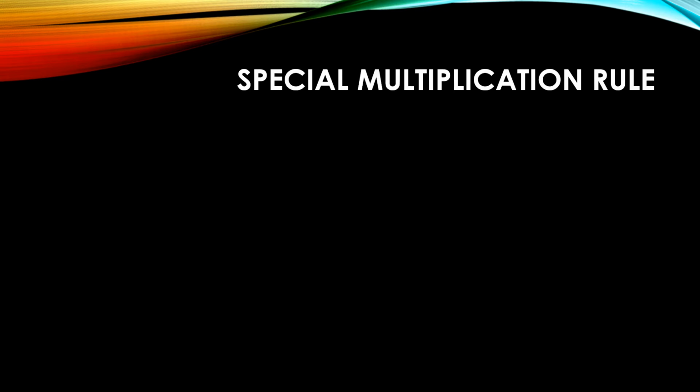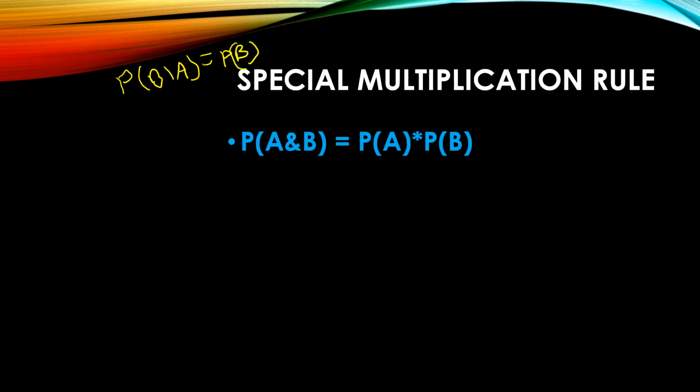So there's a few different ways that we can prove this mathematically. The first, as we discussed on the last slide, is the probability of B given A equaling the probability of B. We can also use the special multiplication rule, because if these events are independent, they'll equal each other. So if the probability of A and B happening together equals the two probabilities multiplied together, then you know that the events are independent.